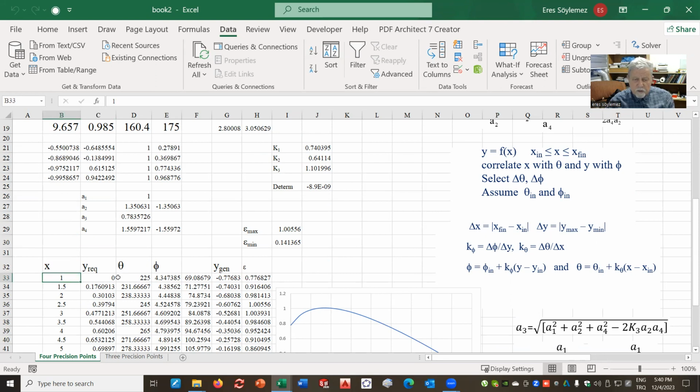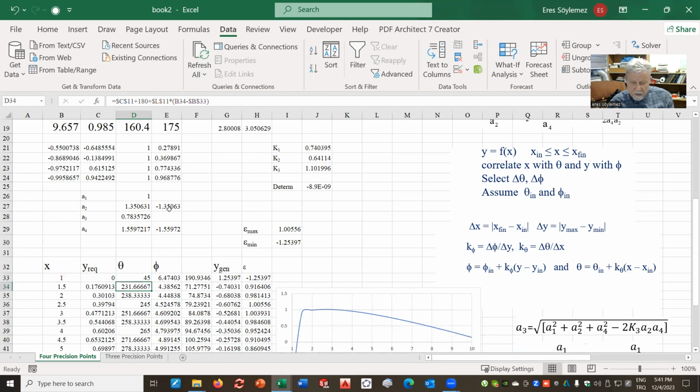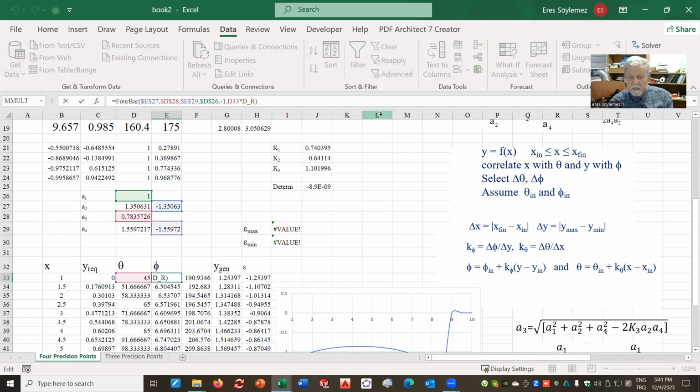First of all, these are the same. I'm not going to add 180 degrees to theta angle. Theta initial plus that value will be good enough. Correct? And let me do this for all angles. Now, phi 4-bar function, notice in the previous case, I have used these cells as A2, A4.